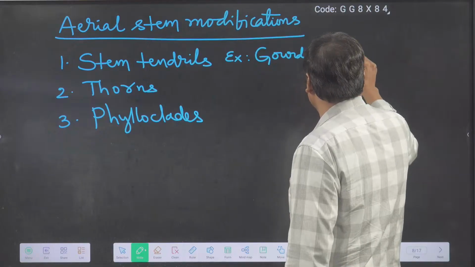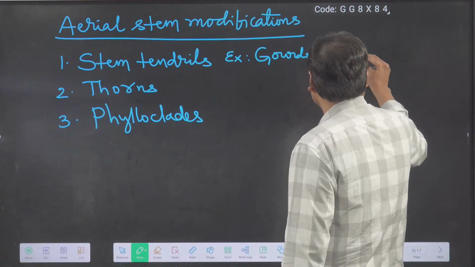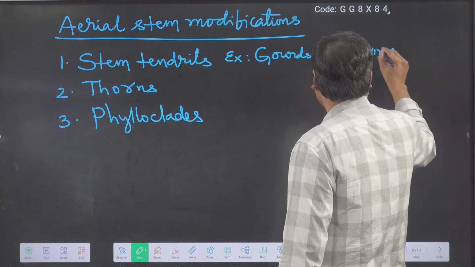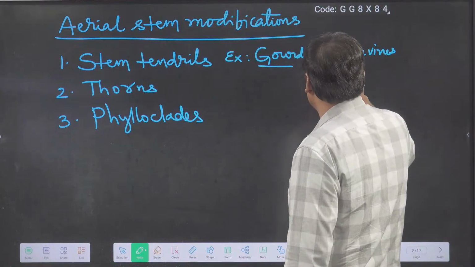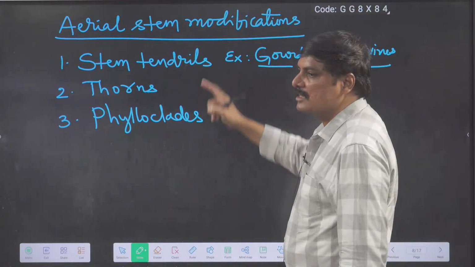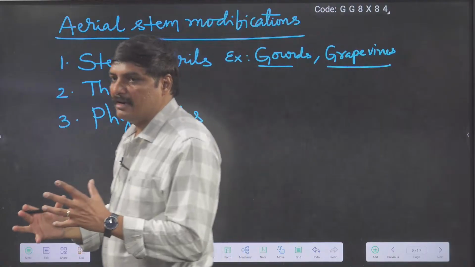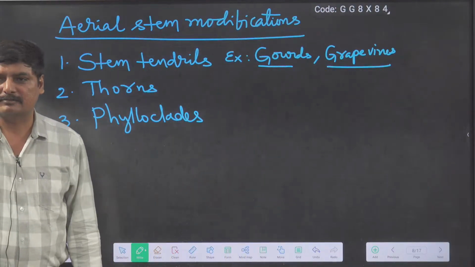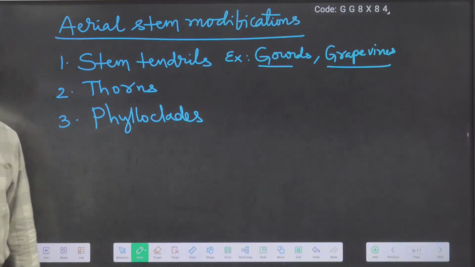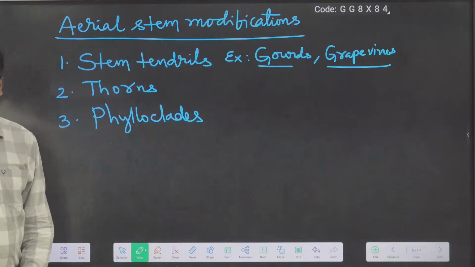Similarly, grapevines. In grapevines and gourds, tendrils are formed. What is a tendril? Tendril is a slender, weak, coiled structure meant for support.